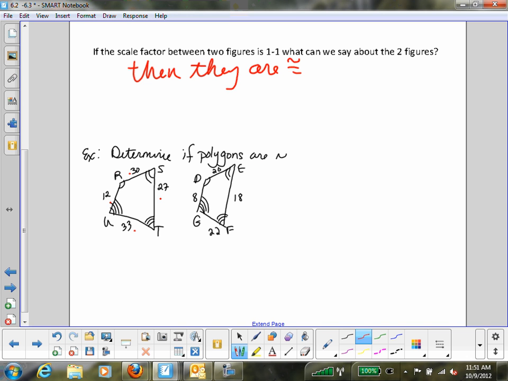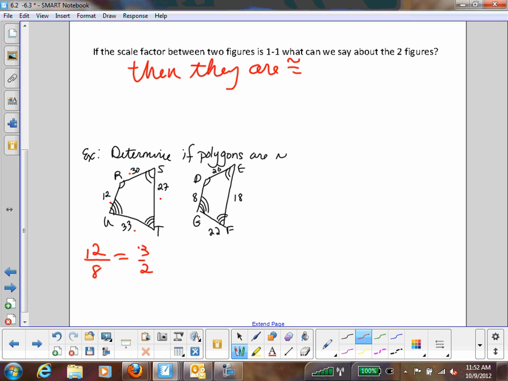Okay? So if we're trying to determine if the polygons are similar, we're going to have to go smallest side to smallest side, right? And see what that scale factor is. All right? We're not going to go smallest side of one to the biggest side of the other, are we? That doesn't even make sense. So if I were to compare 12 on the first, which is RU, what would I compare it to on the other? Which is 8. And that reduces down to what?